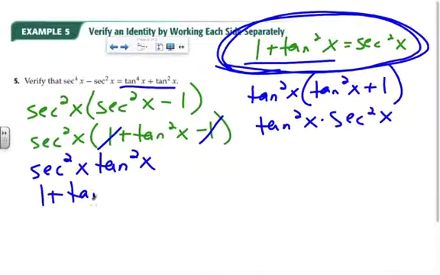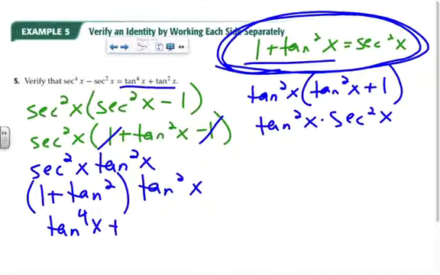So 1 plus tangent squared of x times tangent squared of x. Distribute that tangent squared of x, and there we have it. Tangent to the 4th of x plus tangent squared of x, which is what I was aiming for.